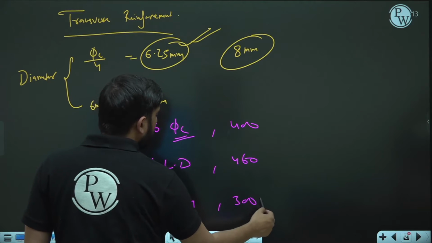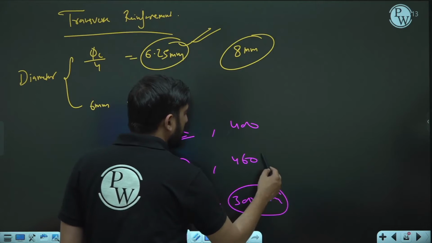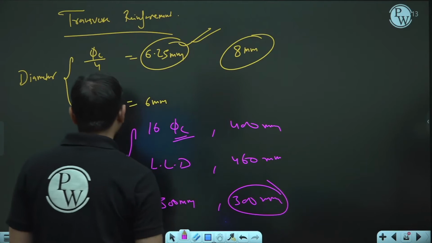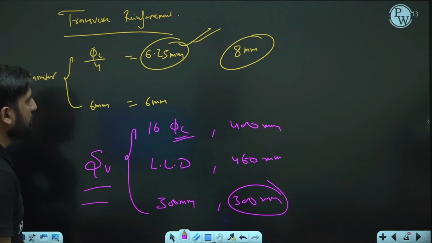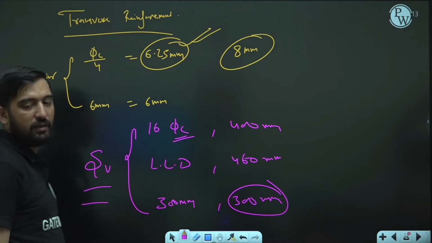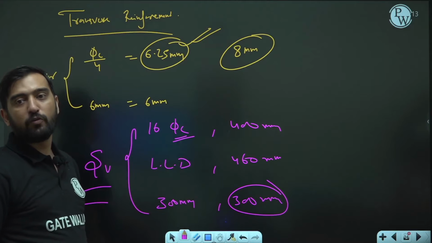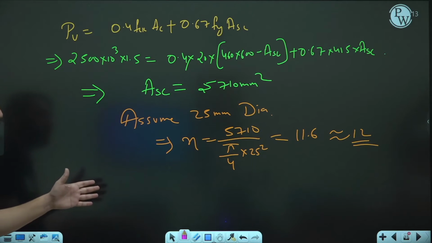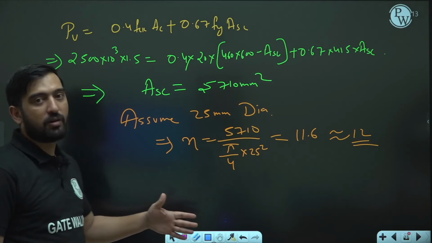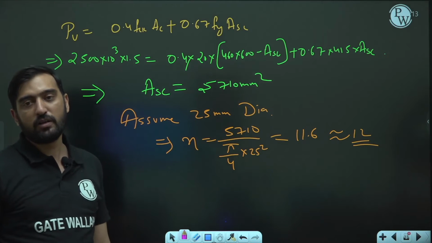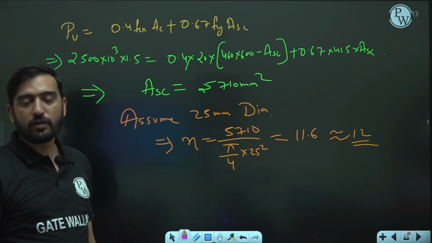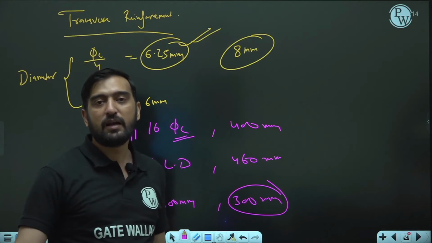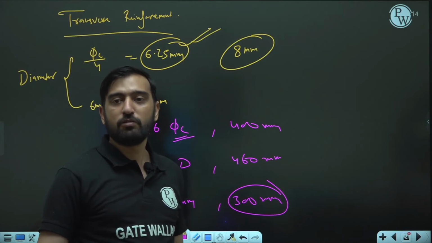Out of these three, the least value is 300 mm, so we will be going with that spacing. So the design says that we are going to provide 12 numbers of 25 mm diameter longitudinal reinforcement along the 460 cross 600 mm cross section, and for transverse reinforcement we will be providing 8 mm diameter at a spacing of 300 mm center to center.